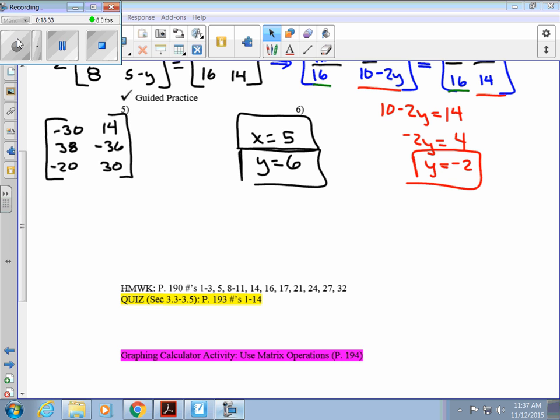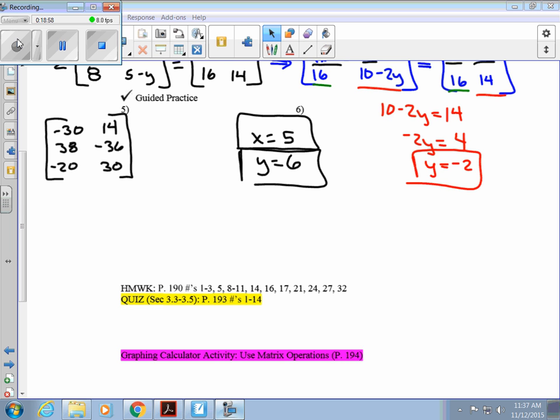So section 3.5 was an introduction on using matrices. We looked at basic matrix operations, and those were adding two matrices, subtracting two matrices, and multiplying by a scalar. Now remember, the only time you can add or subtract two matrices is if they have the same dimensions.